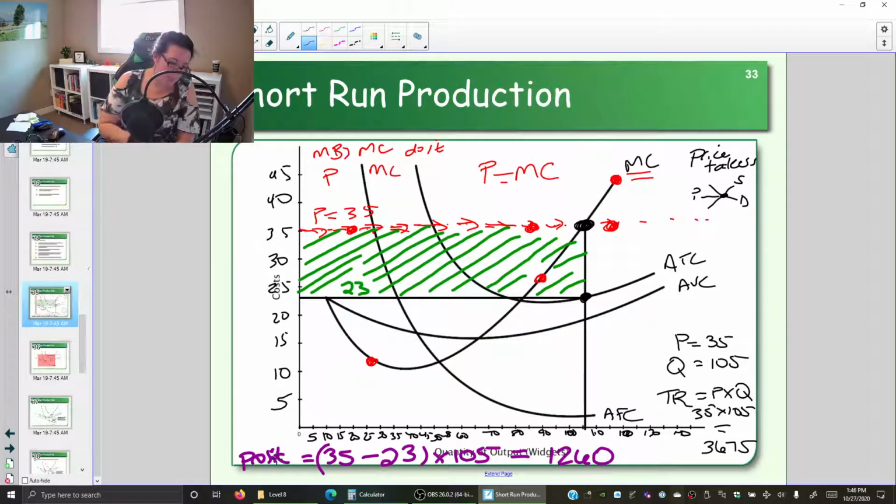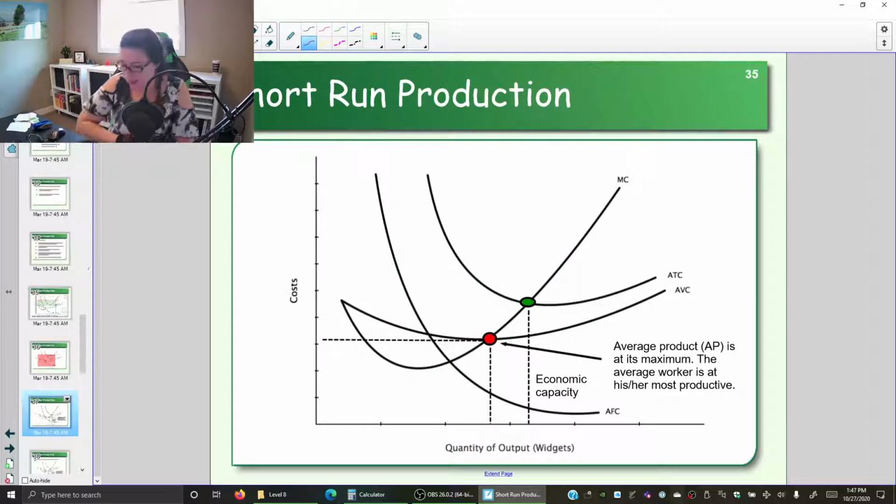So we need to figure out these ideas of break even and shutdown. The other thing we want to figure out is the quantity called economic capacity. Okay, so this is the capacity, the quantity we're producing at where the business is the most efficient. So let's dive into these definitions and then we'll go back to our example.